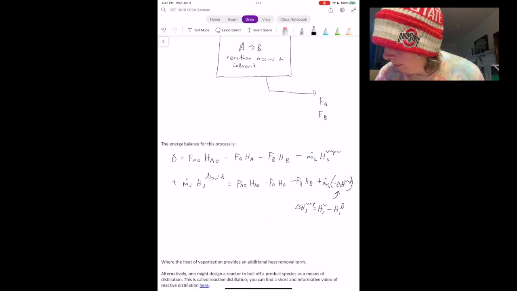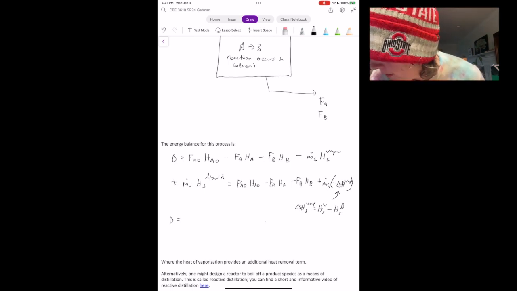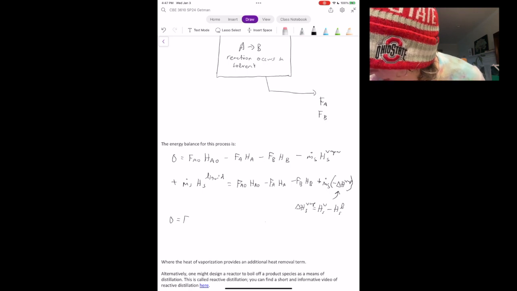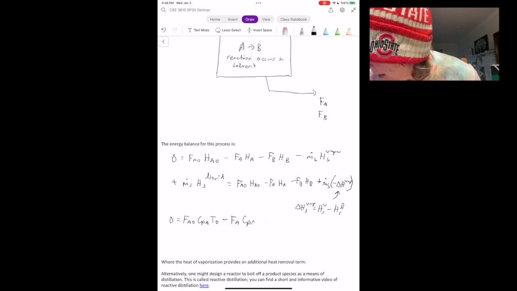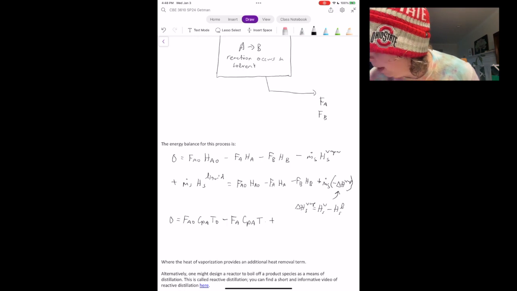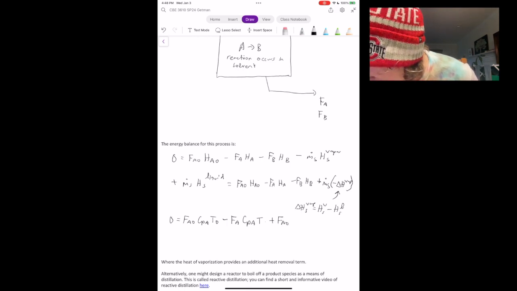We could further simplify this energy balance. If we do that, we're going to have FA naught CPA T naught, minus FA CPA T, plus FA naught X times negative heat of reaction.